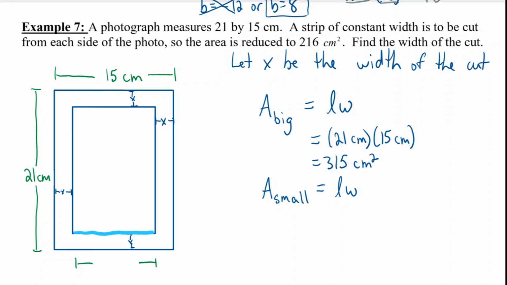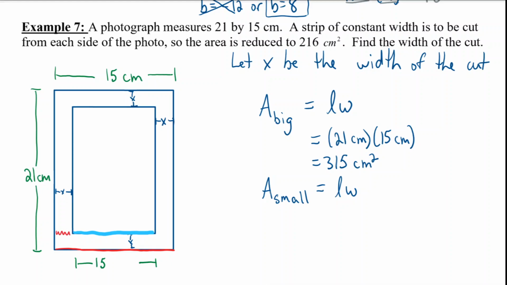Well, we know that this entire thing is 15, right? So we've got 15 centimeters. But what we've done here is we've taken away, we've kind of removed this much, which is x.